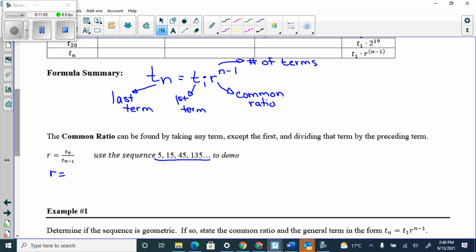If I use this sequence: 15 divided by 5, or 45 divided by 15. These should all be equal. Or 135 divided by 45. All of them is 3. It didn't matter which 2 I picked, right? They all give me 3.